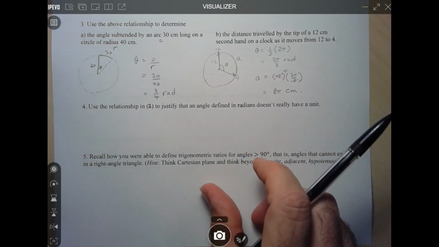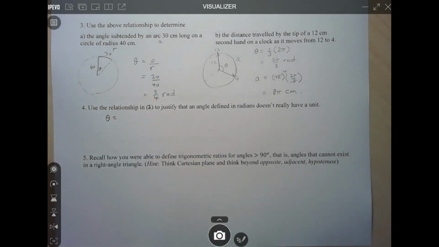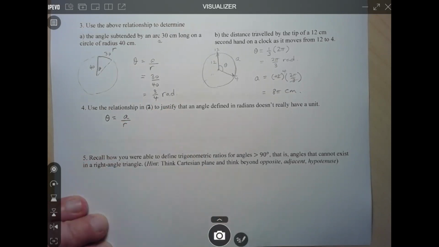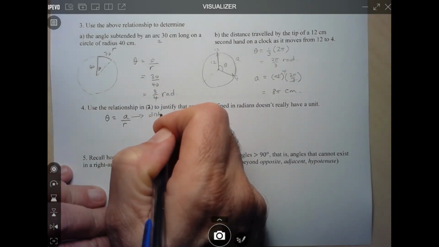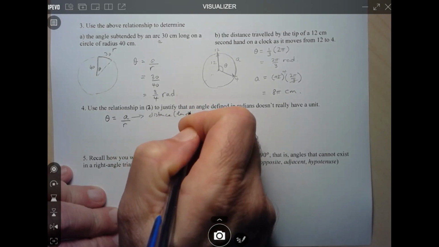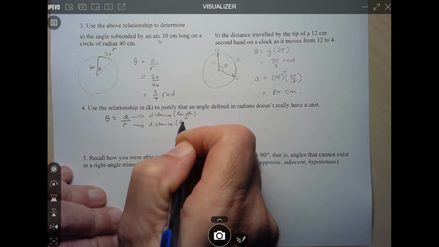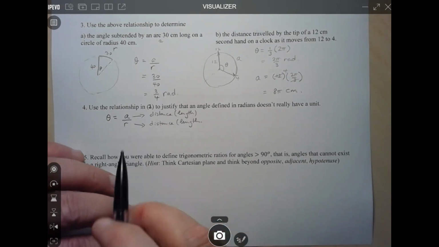Okay, but let's take a look at what we're doing here. We said that another way of defining an angle in radians is to take an arc length and divide it by the radius of a circle. But you see that the arc length is just a distance or length, and the radius is again just another distance or a length, and of course the assumption is that we're going to be measuring these in the same units.